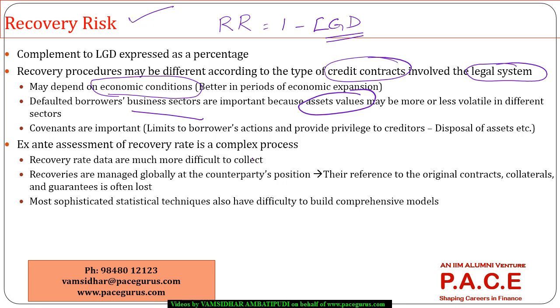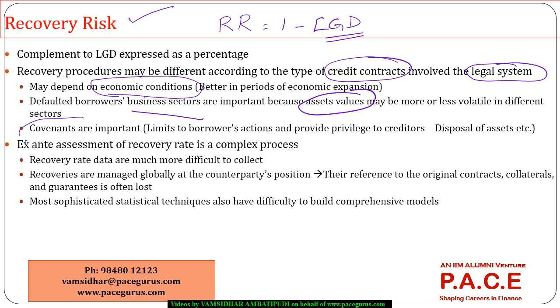In some sectors, the volatility of the assets is much higher, which means their values are going to fluctuate quite drastically. Overall, the values could be much lesser. Whereas in other sectors where the volatility is much lesser, the recovery values also could be much better off.